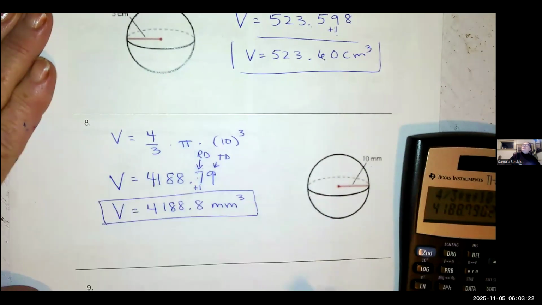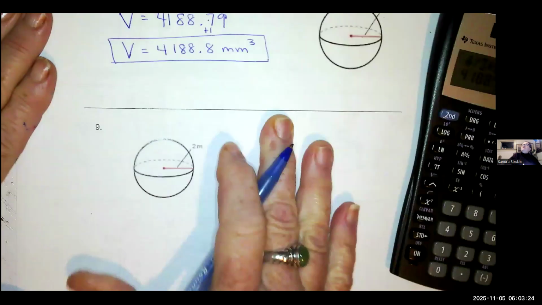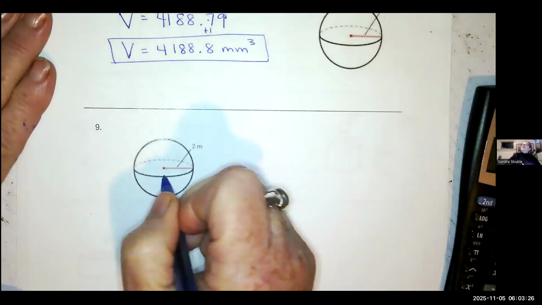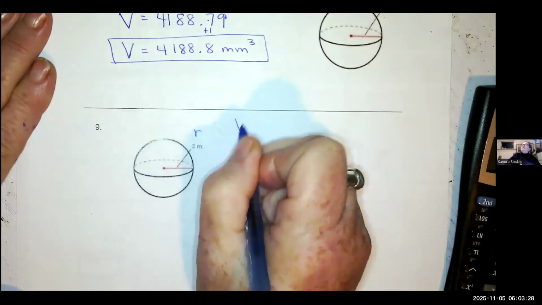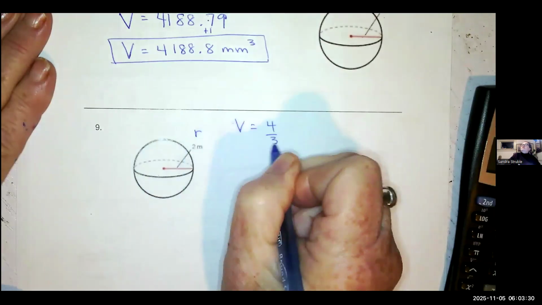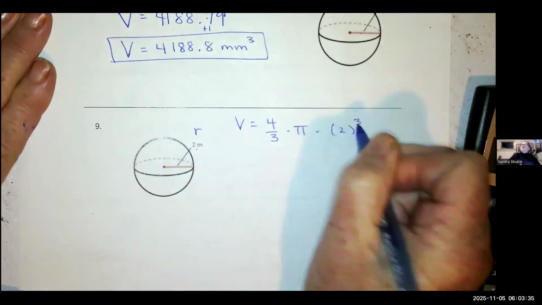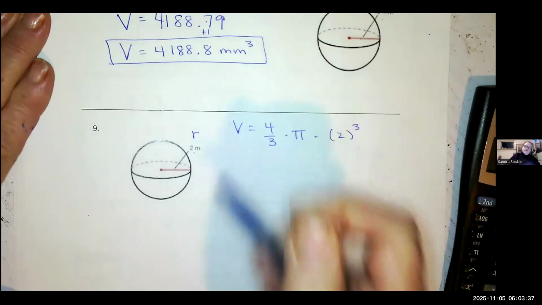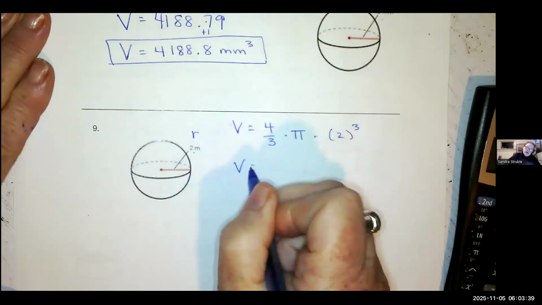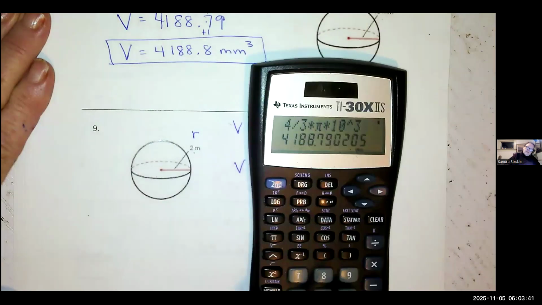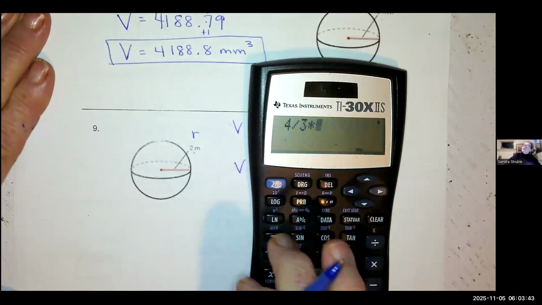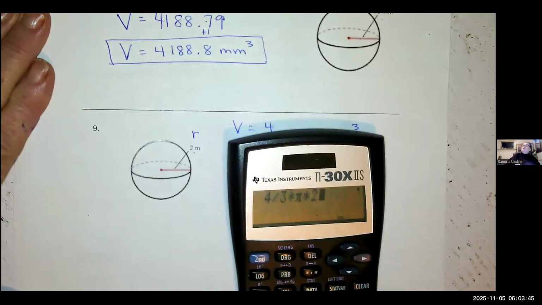Last one on this page. We're given the radius again. So our volume is 4/3 times pi times the radius, must be cubed. Again, 2 times 2 times 2, not 2 times 3. So 4/3 times pi times 2 caret 3 equals.